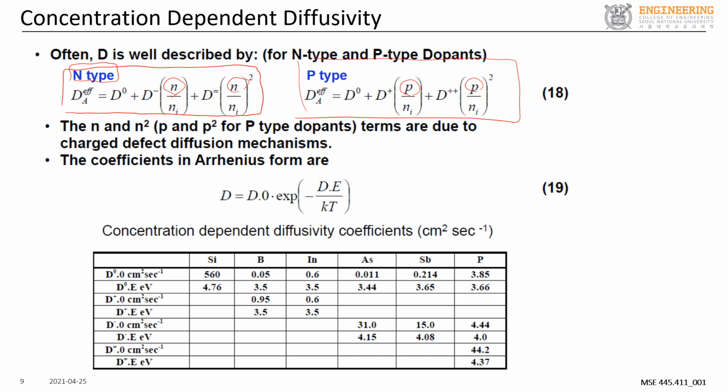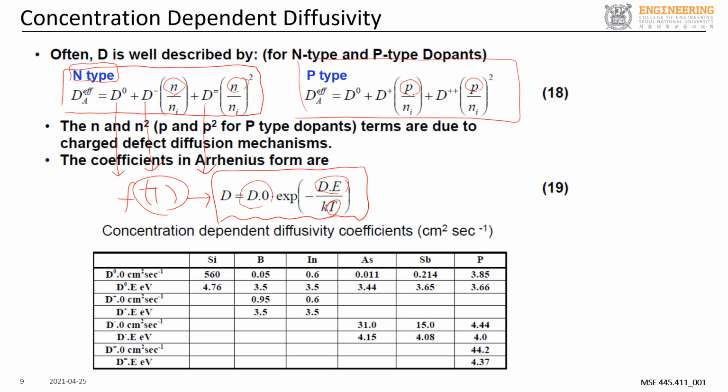And these terms also change with temperature. They are a function of temperature. So this is the relationship between these diffusivity coefficients and the temperature. And then there is another constant, D0, and an activation energy term.